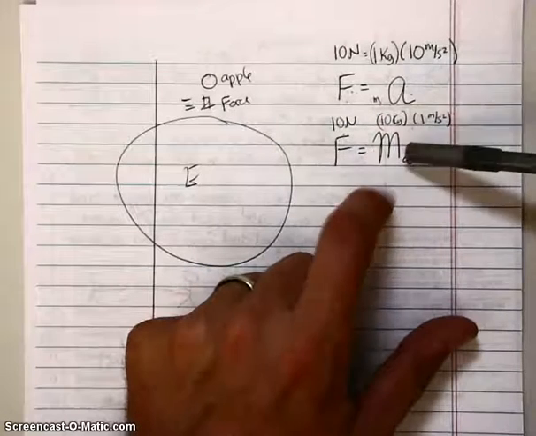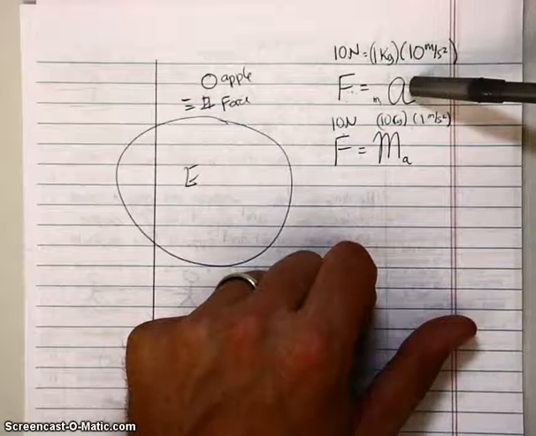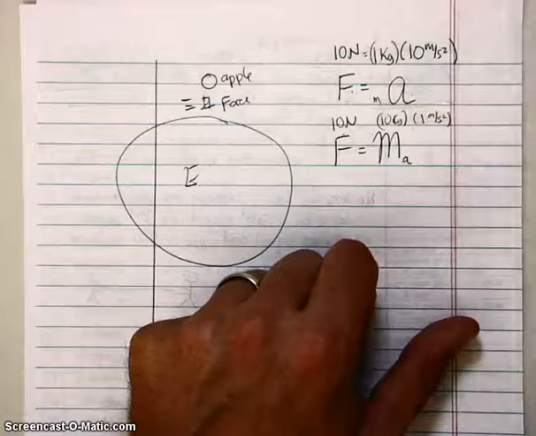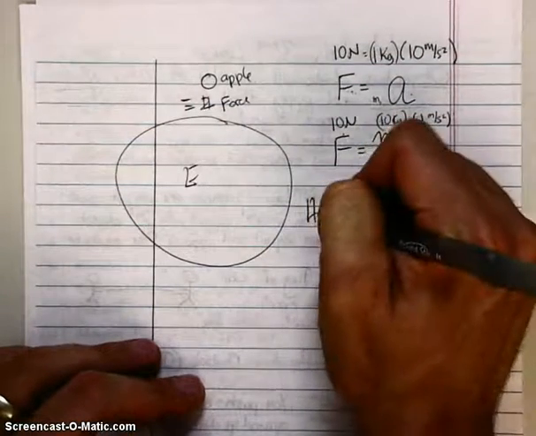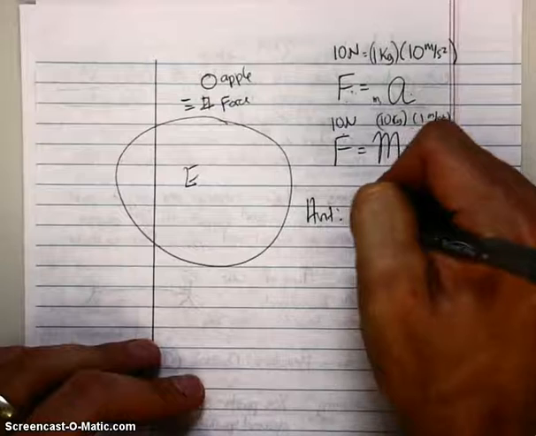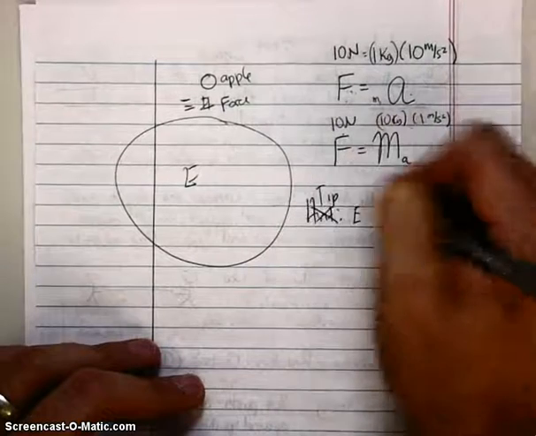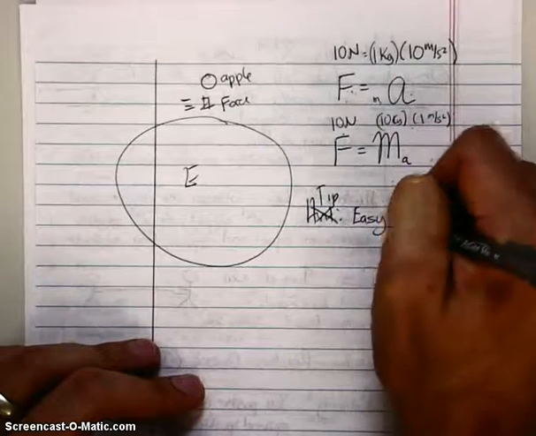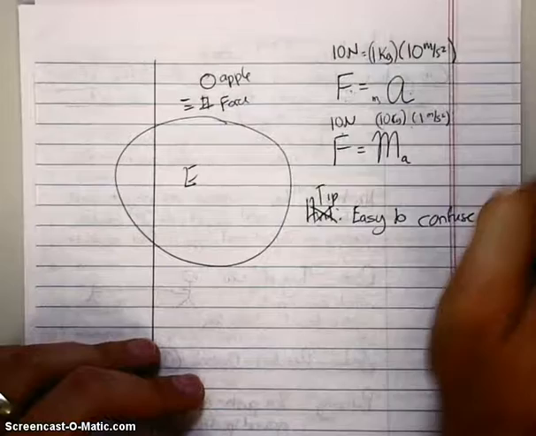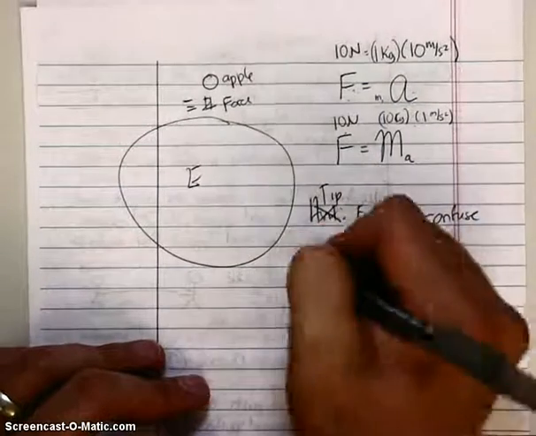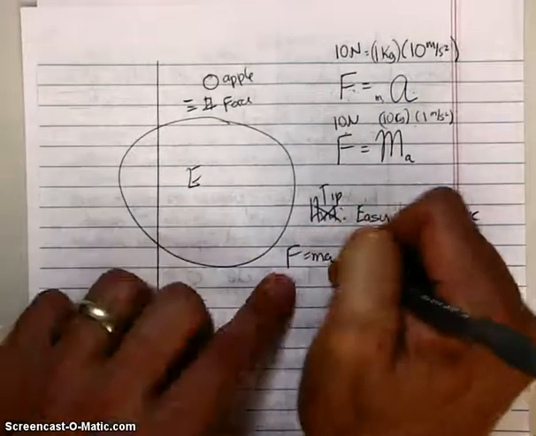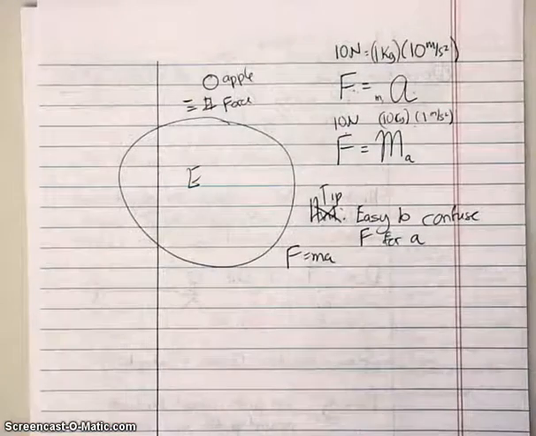So what we see is the movement of the apple. We see the acceleration. But for some reason we think that is force. So here is a tip. It is easy to confuse force for acceleration. They are related. I mean, we have the equation, F equals ma. They are related, but they're not the same.